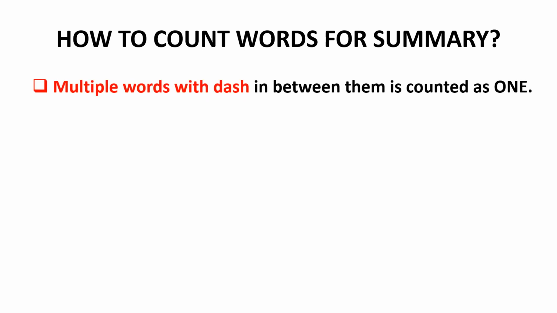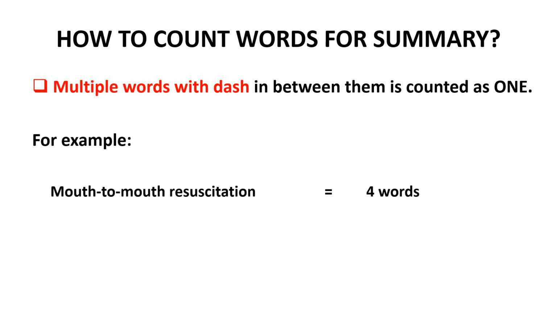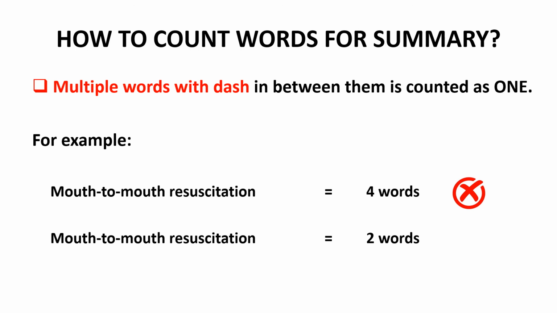Another one is multiple words with dash in between them is also counted as one word. Let's see an example. Mouth-to-mouth resuscitation. Okay, you see there? Mouth to mouth. If we count this like BM, mouth-to-mouth resuscitation is considered 4 words, but it's wrong. Mouth-to-mouth is considered as one word. So here actually mouth-to-mouth resuscitation is only considered as 2 words.